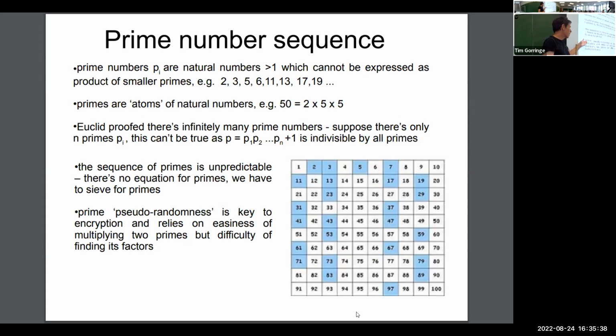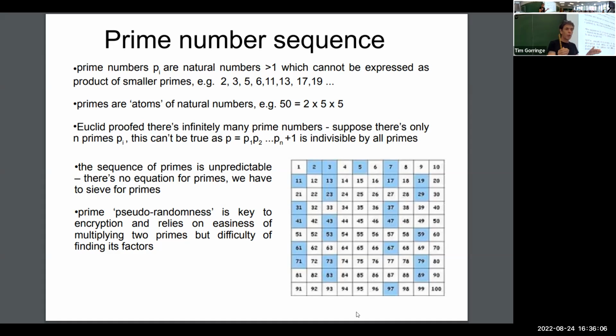You probably know that this pseudo-randomness is actually key to methods for encrypting data. A key way of encrypting data relies on the fact that it's very easy to multiply two prime numbers, think of large prime numbers.